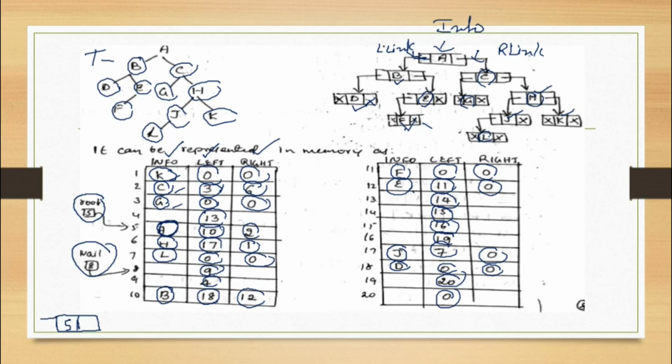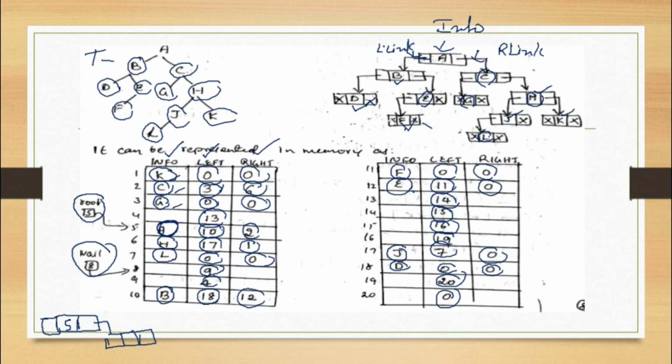So if 5 is the root, then its left and right links should have B and C. 5 is the location, not the element.